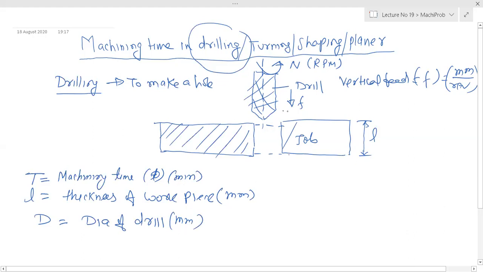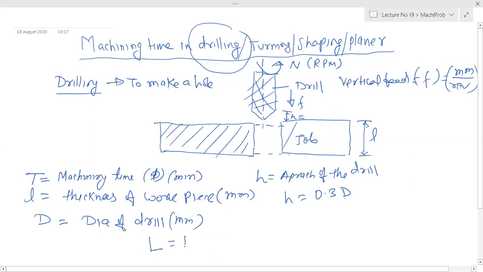This H we call the approach of the drill, and H is equal to 0.3 D, where D is the diameter of the drill.